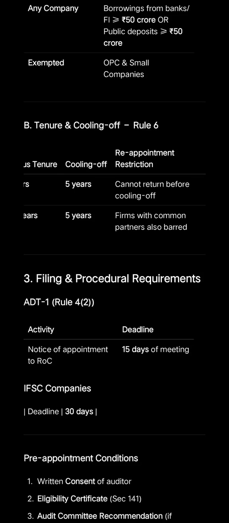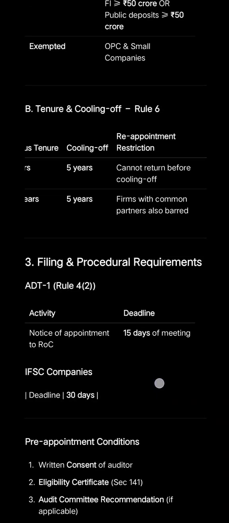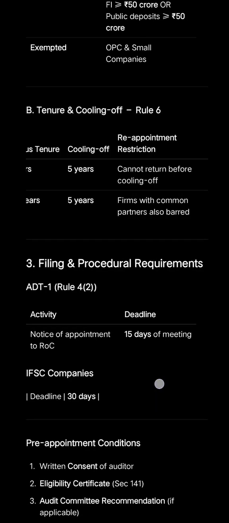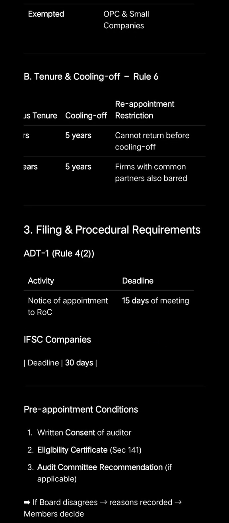Once the auditor is appointed, either an individual CA can be appointed as auditor, or even a firm which consists of a majority of practicing CAs can be appointed. For a firm, the tenure is 5 years. For an individual CA, the tenure is 5 years.